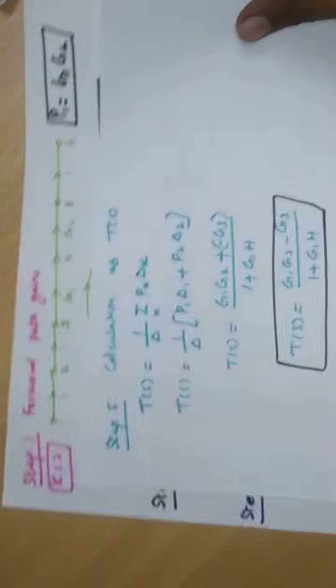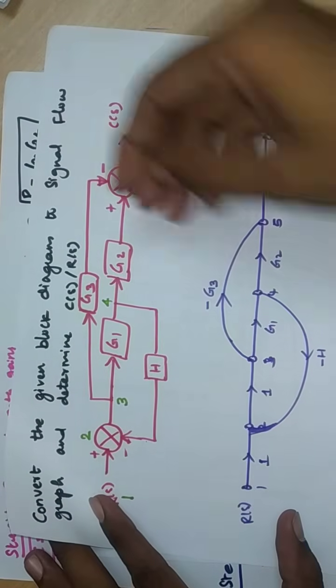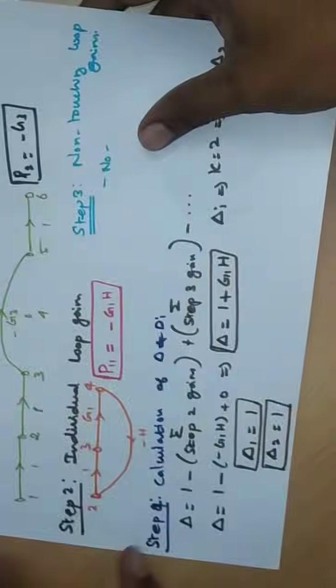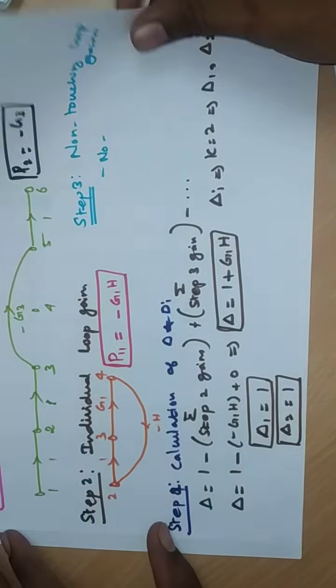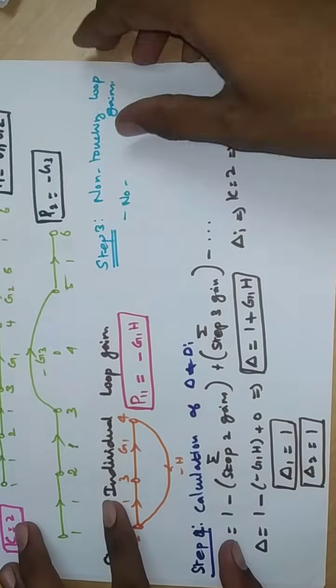This is what we solved. From the given block diagram itself, we converted the block diagram into a signal flow graph, and we solved this signal flow graph. For this signal flow graph, we applied Mason's gain formula.